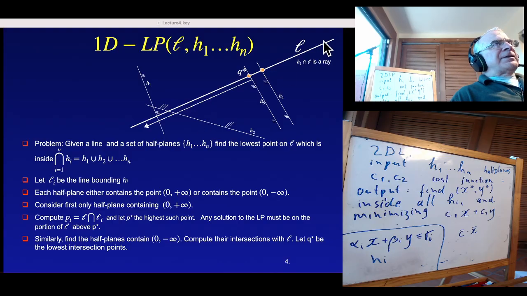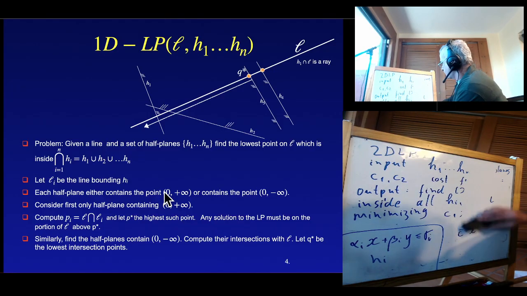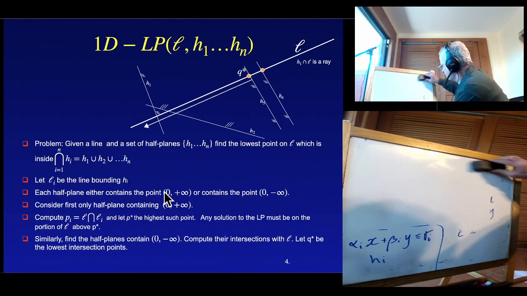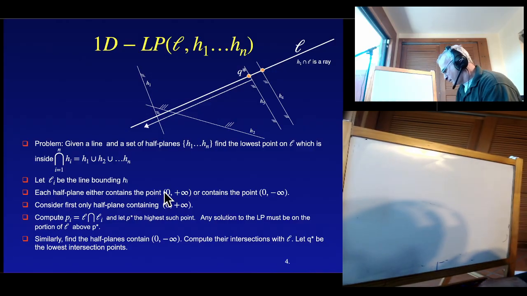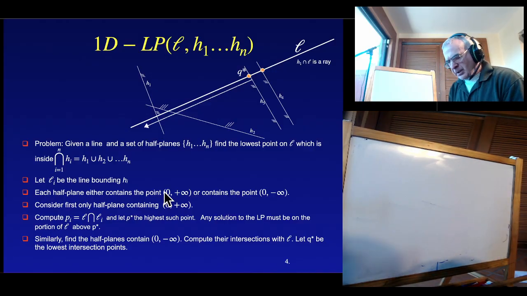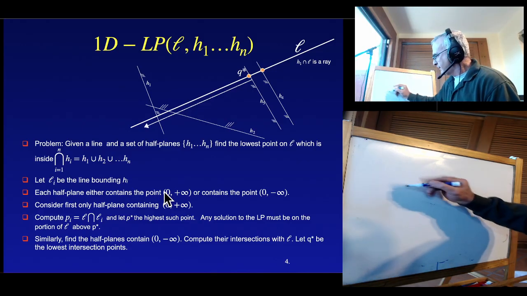Okay, so I have the line L. I now split all the half planes into two groups. I'll assume the general position assumption. I slightly rotate, slightly add noise.